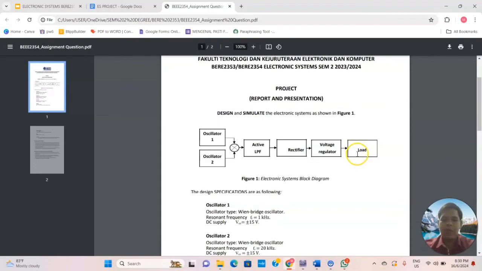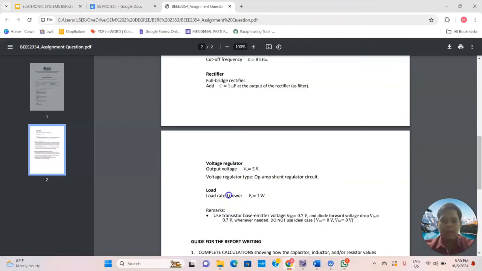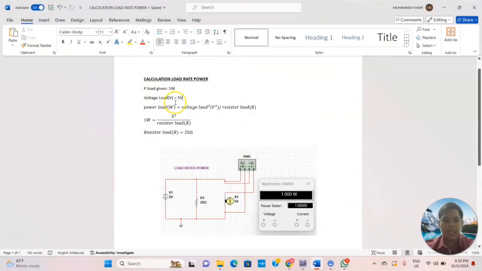Alright, now it's my turn. I will present the load. For the load, we have the load rate power. The power is 1 watt. So this is my calculation. The power of the load given is 1 watt, and the load voltage is 5 volt.